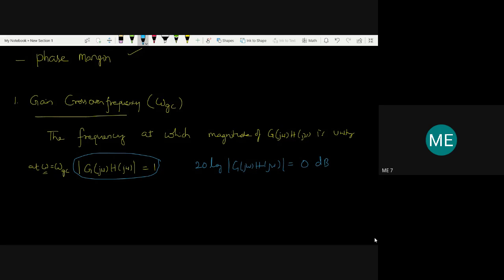It means that it is the 0 dB line where the magnitude plot crosses the 0 dB line. That point is called the gain crossover frequency. It is also defined as the frequency at which the magnitude is 0 dB. So both are the same. It is mod, and if it is represented in decibels, it is going to be 0 dB.